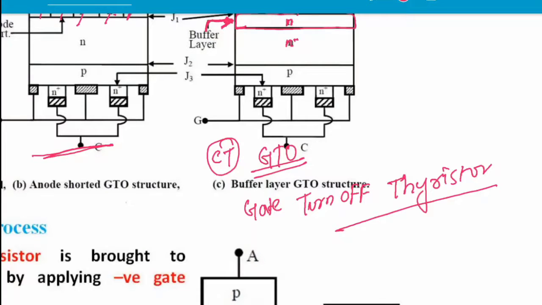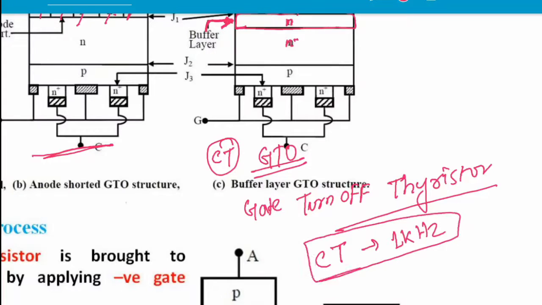So in that place we can use GTO, in which only a negative gate pulse can be applied to turn off the device. Where conventional thyristor is limited to only 1 kHz, GTO can be operated at more than 1 kHz because the commutation circuit is not needed and this is minimized.